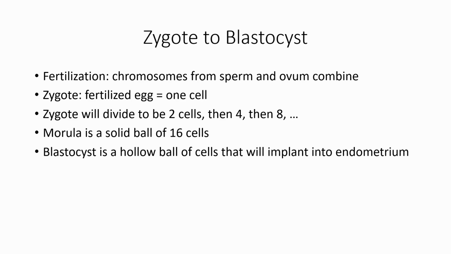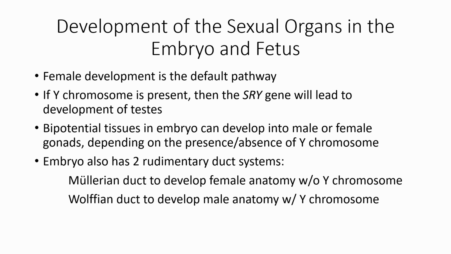So let's get into that with the female reproductive development. Female development is considered like the default in a way. Now, you'll hear people say, or read people saying, oh, everybody starts female.